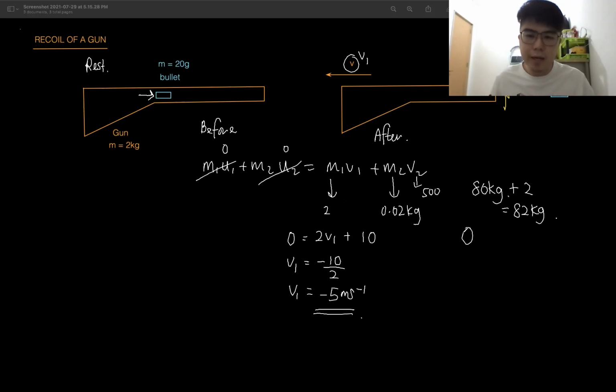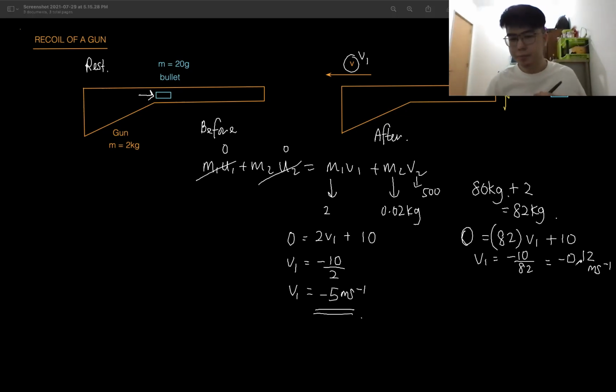So recalculate it. 0 equals 82 v1 plus 10. So we have v1 equals minus 10 divided by 82. That becomes negative 0.12 meters per second.